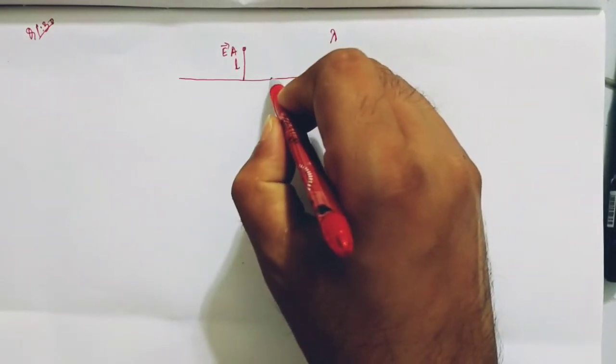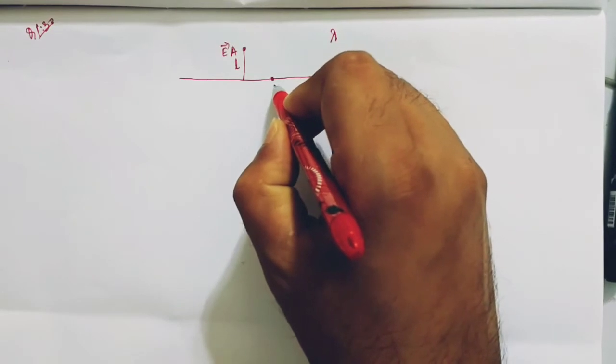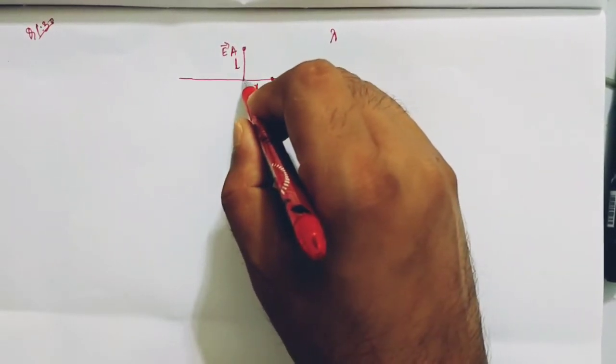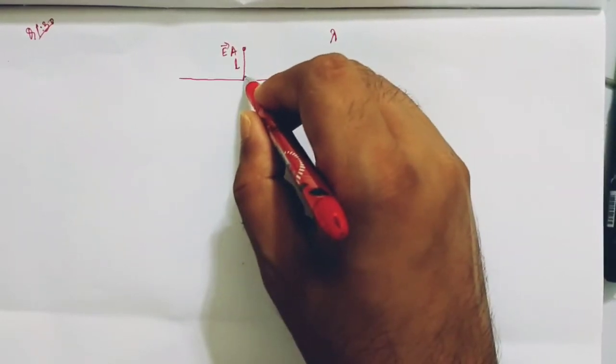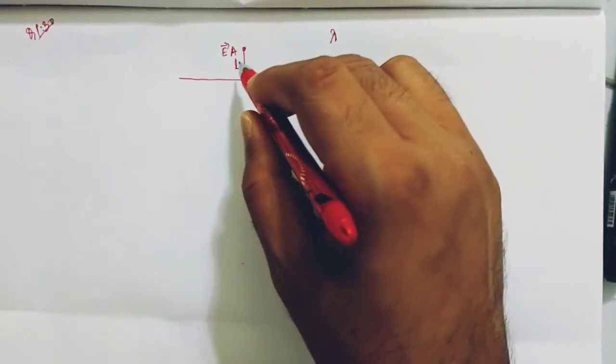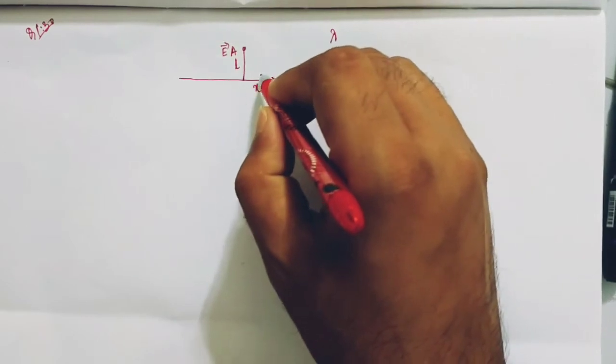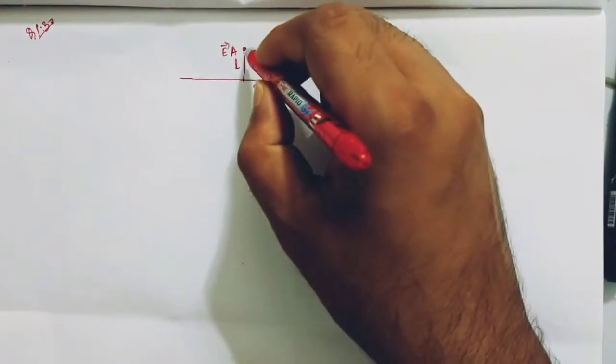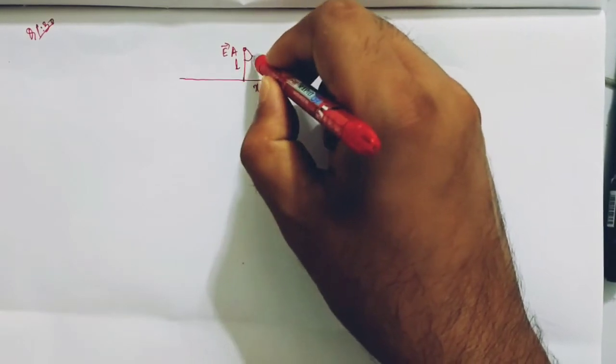We consider one particular section of this wire of length dx, at a distance x from the midpoint of the wire, where the perpendicular from the point makes an angle theta to the normal.